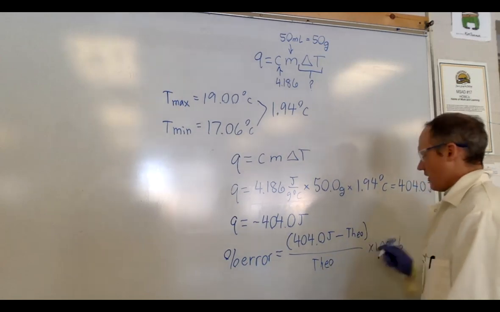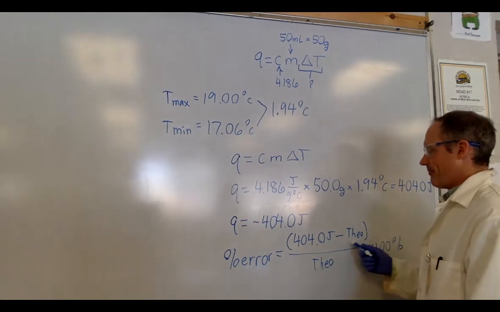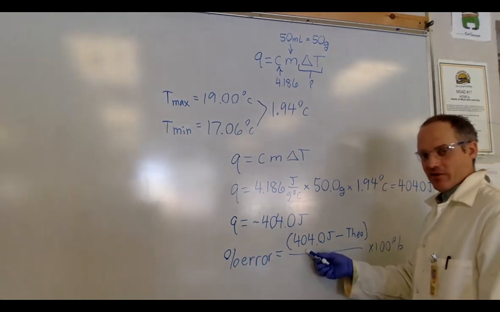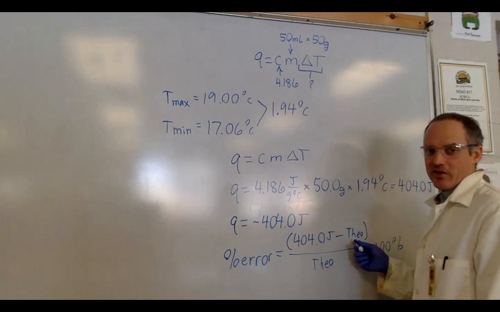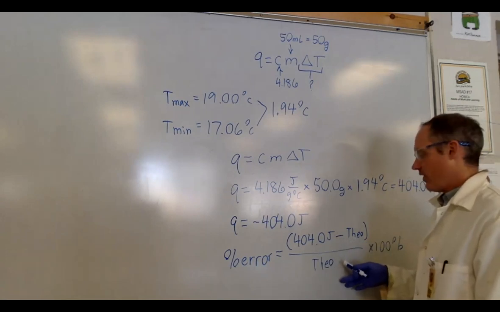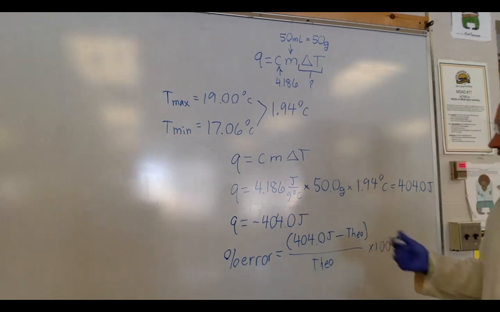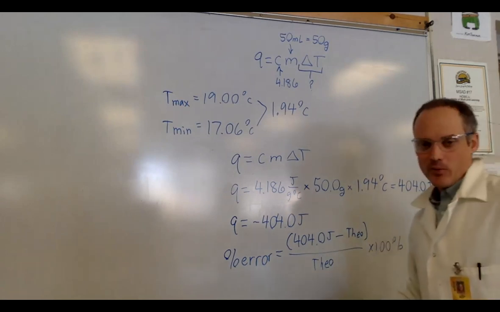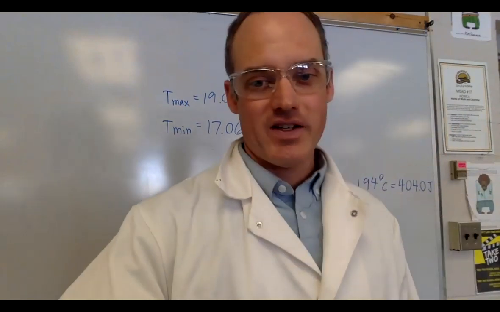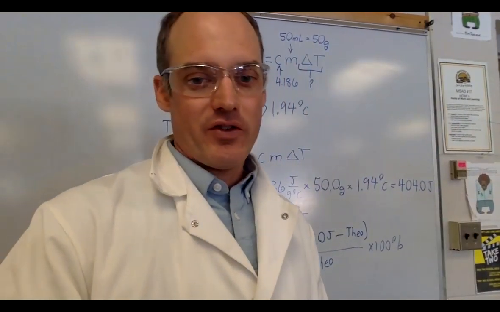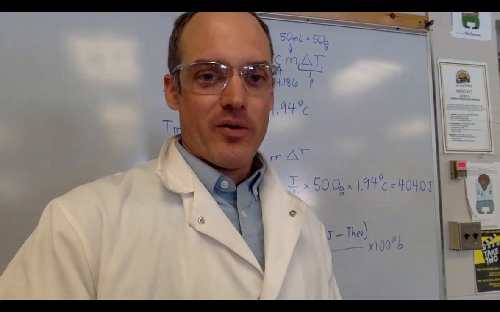Now, keep in mind that the theoretical, I just put this in as a positive. You should put the theoretical in as a positive too. It just makes it a little easier to calculate. Or you can put them both in as negatives. It doesn't matter too much. But then you're going to multiply that by 100% to get your percent error. So I'll let you do that part on your own.